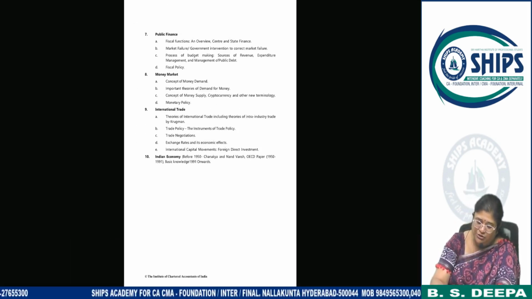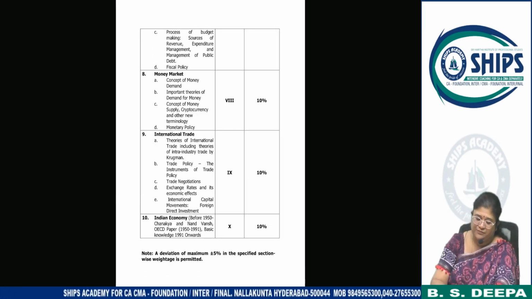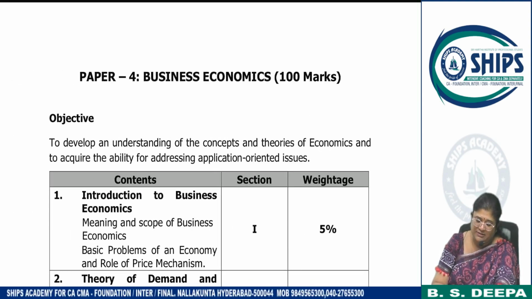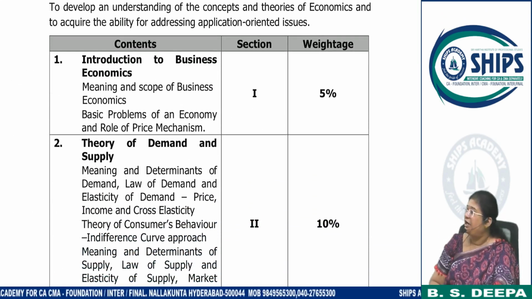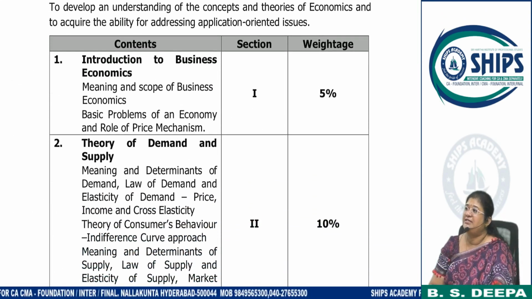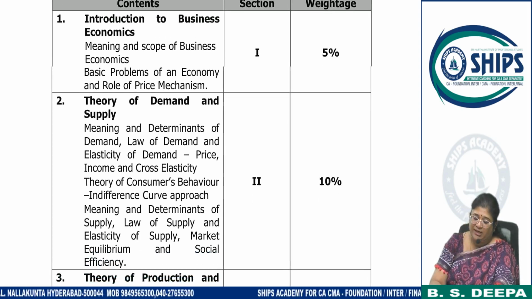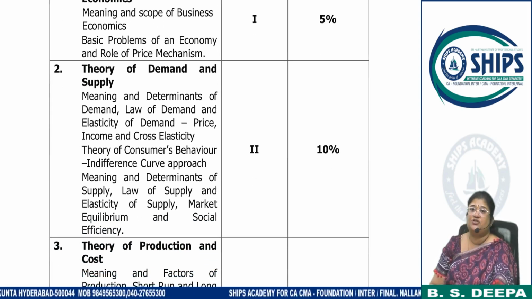Now, coming to the weightage. So if you look at your weightage, Introduction to Business Economics consists of 5% of weightage, the first chapter. The second one, theory of demand and supply, consists of 10% of weightage.